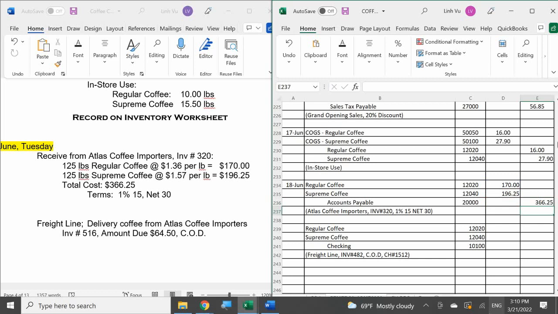Okay. Now, question to you is, do you want to do the freight at the same time so we can just journalize everything or record everything in our inventory worksheet at once? Or do you just want to pause for now, go to the ledger, go to the inventory worksheet, and then come back and do the shipping?